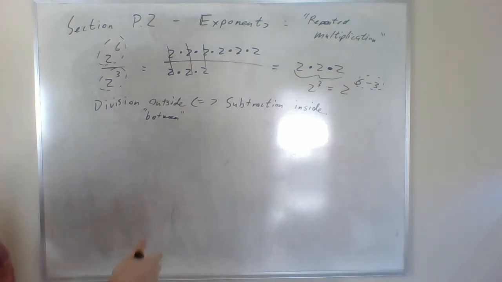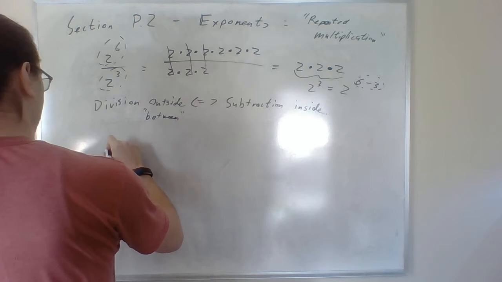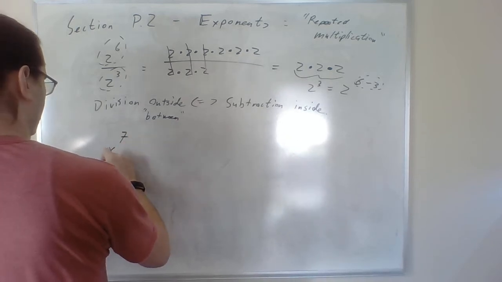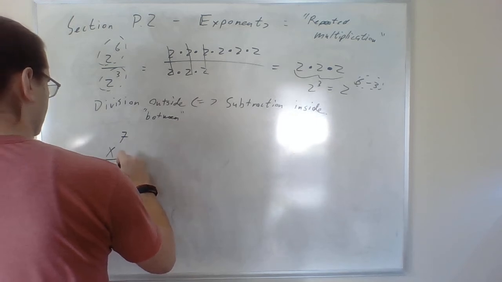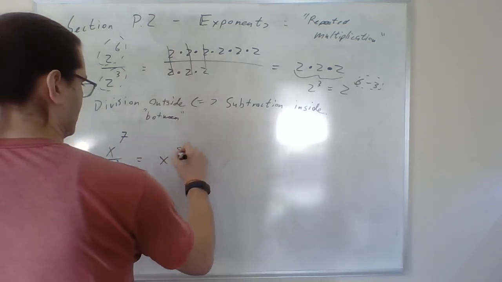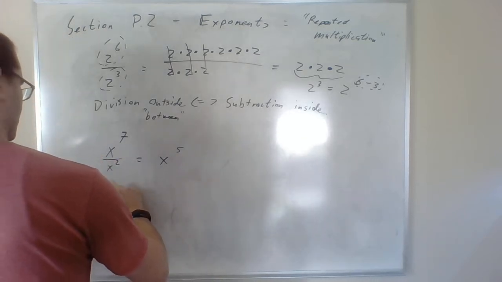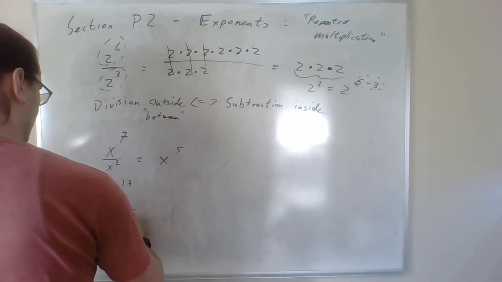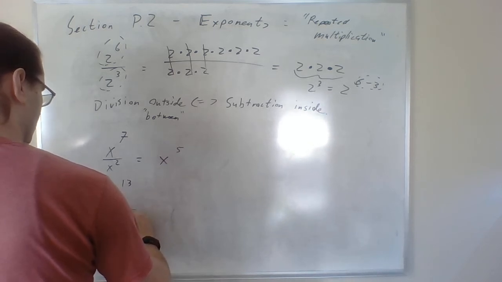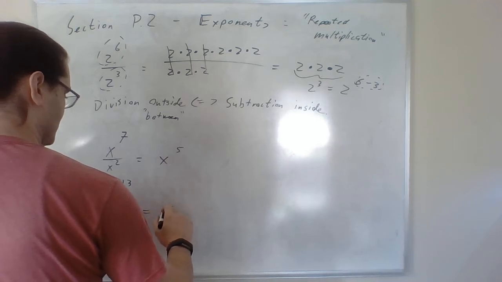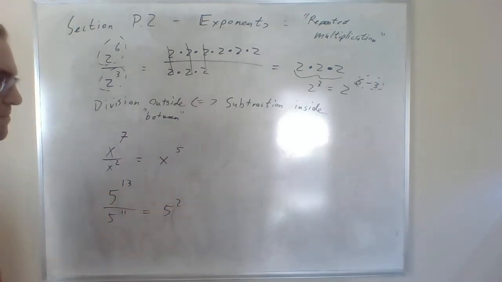So with this property, we can do some stuff like x to the 7th over x squared. This should give us x to the 5th. And if we want to do 5 to the 13th over 5 to the 11th, that should give us 5 squared.